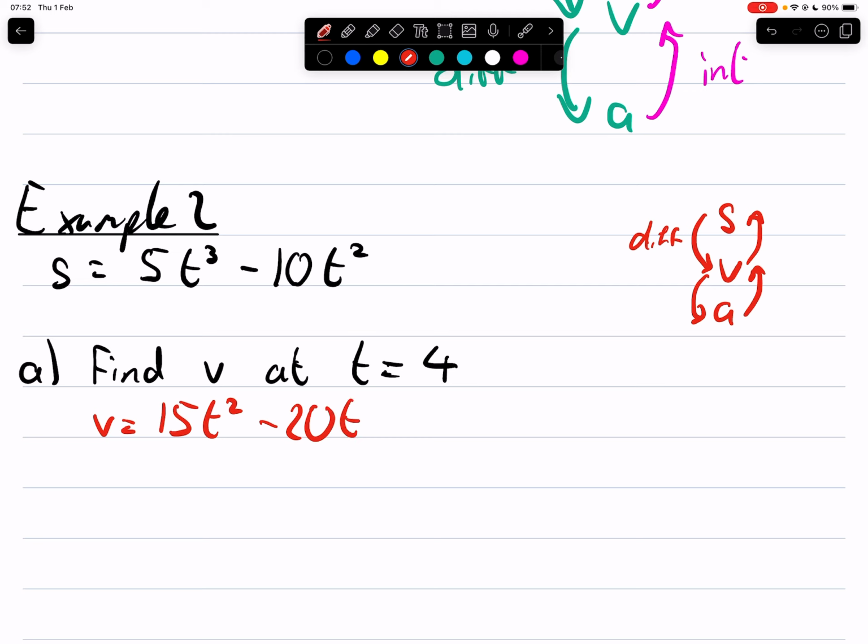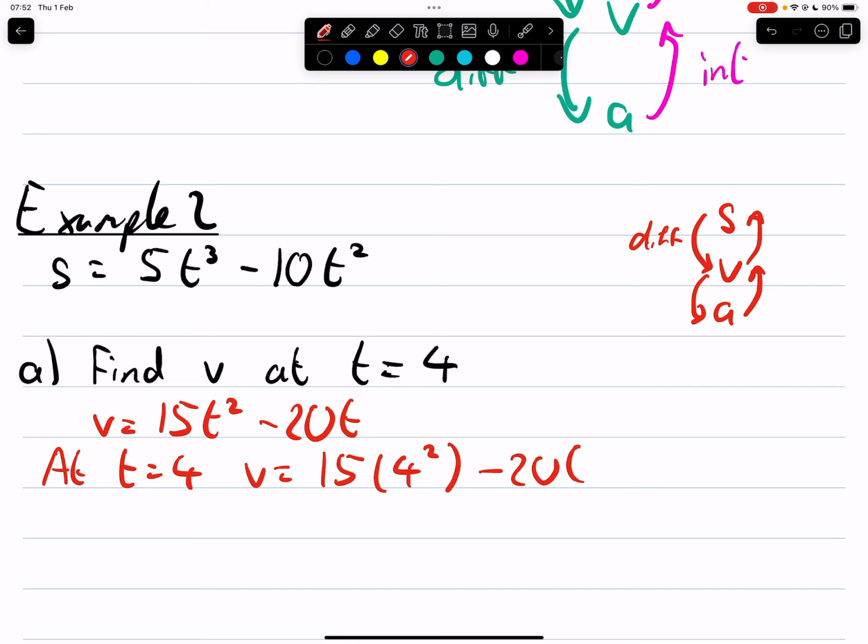So at t equals 4, V would be 15 lots of 4 squared minus 20 lots of 4. So that there would be 240 minus 80, which gives us a velocity of 160.